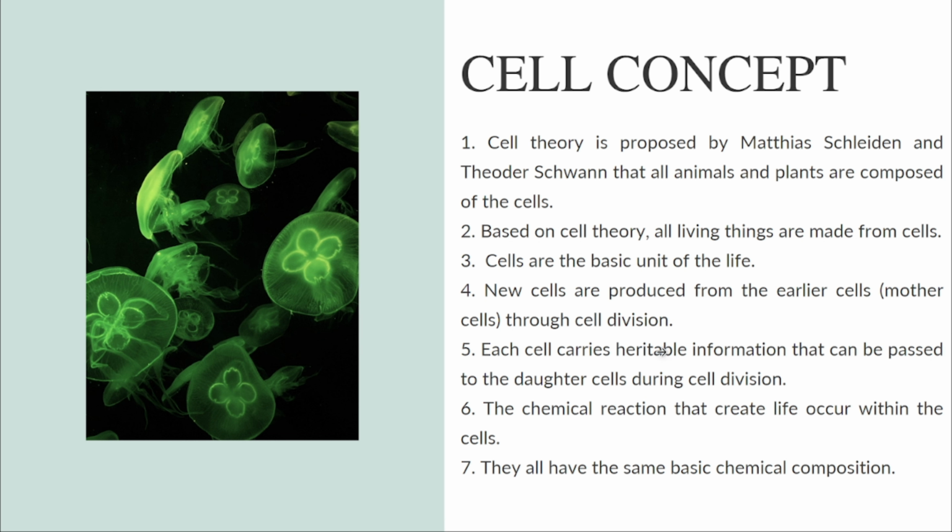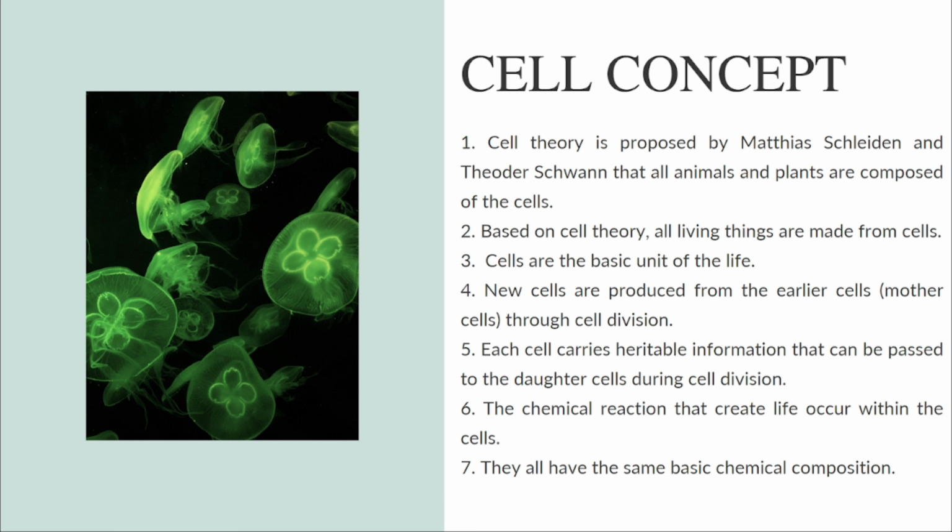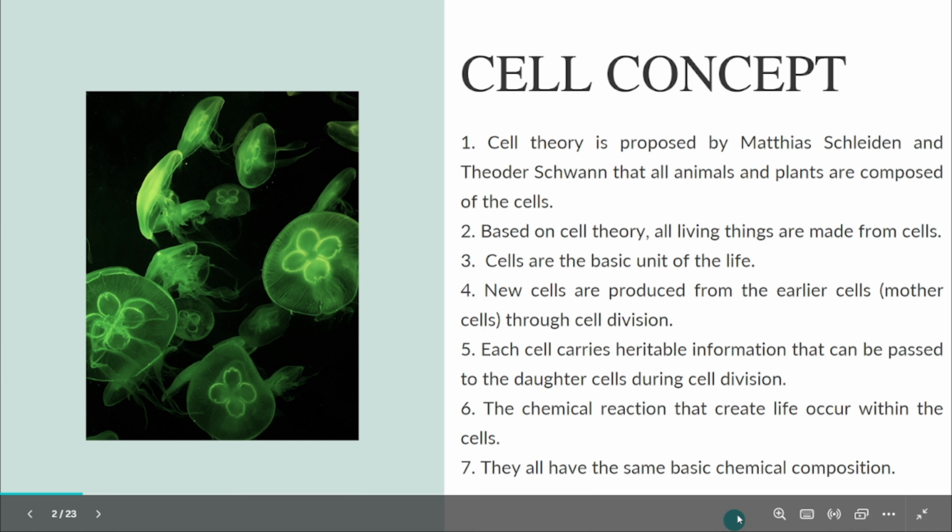Next, the chemical reactions that create life occur within the cells. We call these biochemical reactions. And finally, there are some basic chemical compositions within the cells too. Cells may contain water, carbohydrates, and lipids, which you already learned in Chapter 1.